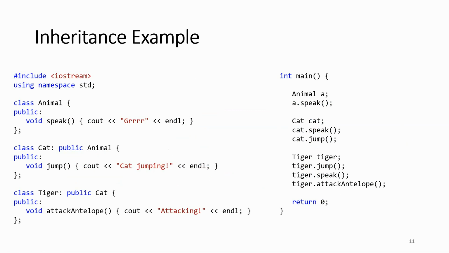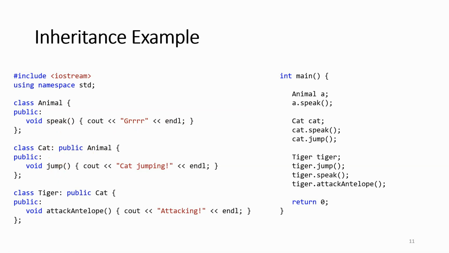This is an example I wanted to show you here. So we have class animal that can speak, and if it speaks, it would print out grr. And then we have a subclass cat, which is derived from the superclass animal. This one, in addition to this member function speak, would also have another member function called jump.